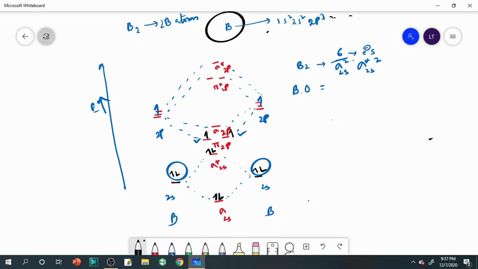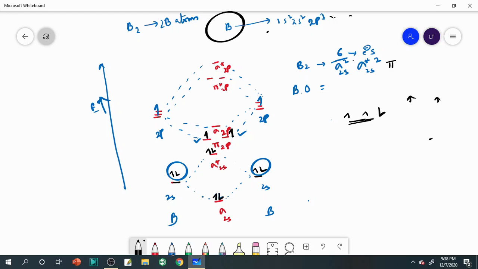Remember, they will have the parallel spin in the same direction. We cannot write it in this way. You have to write both in this direction, or you can write it in this way also, that means they have parallel spin.